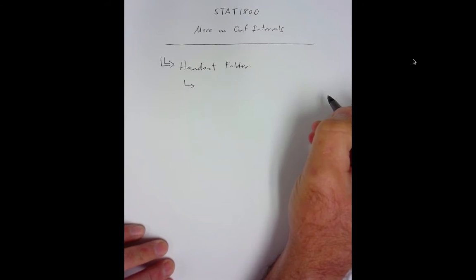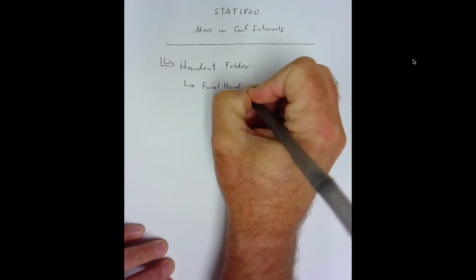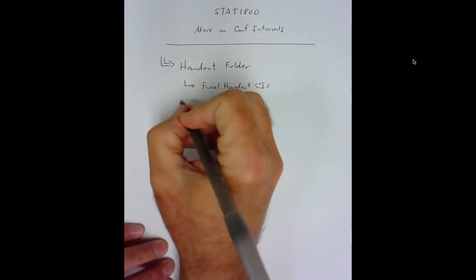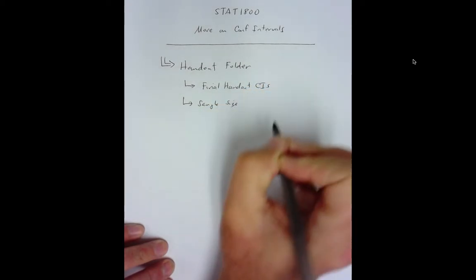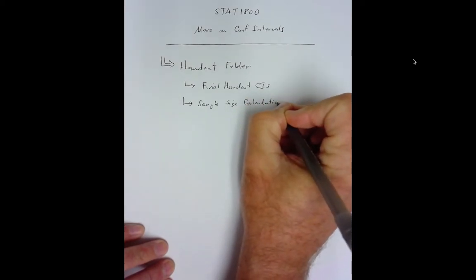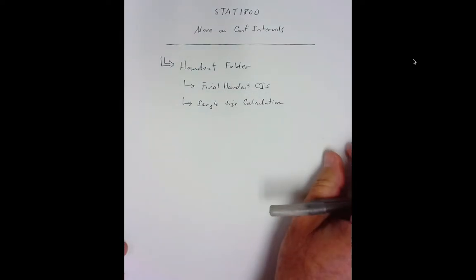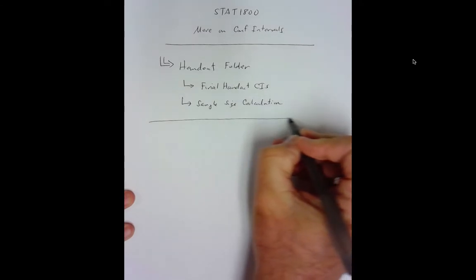One is titled Final Handout CIs, and the other is called Sample Size Calculation. These two handouts are on Blackboard. If you want to play along, go ahead and download these. If not, kick off your shoes and prop up your feet and let me teach you something.